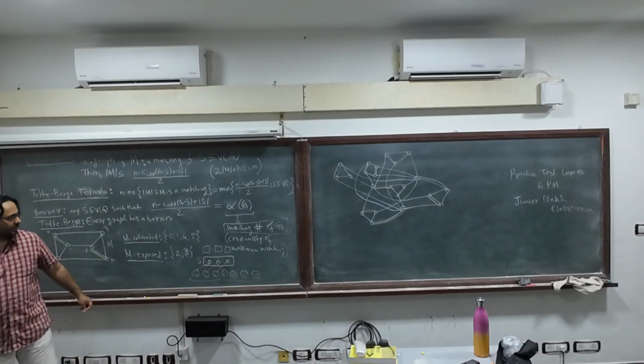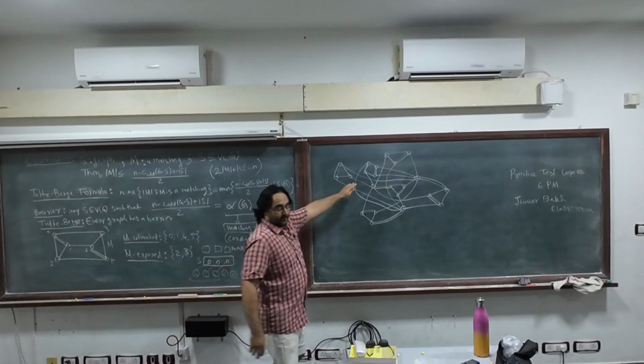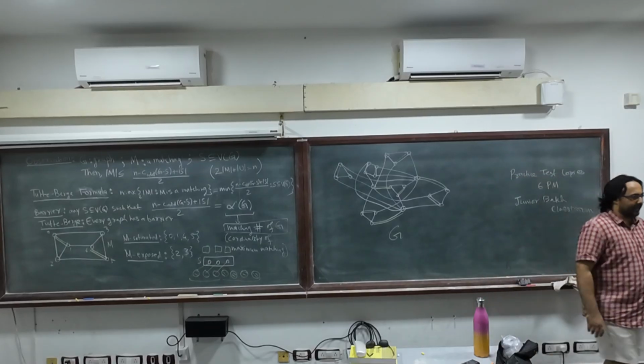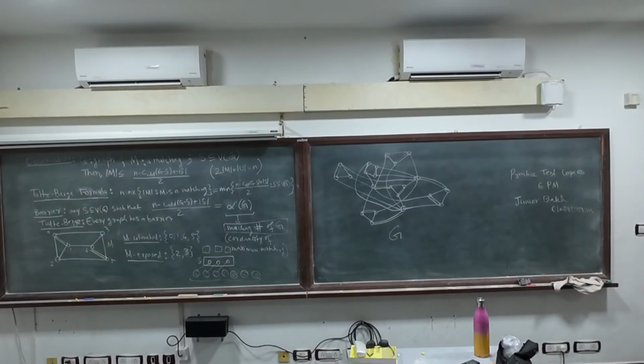So let's compute the alpha prime of this graph. This is my graph G. I've given you a matching M. The question is, is it a maximum matching or not?